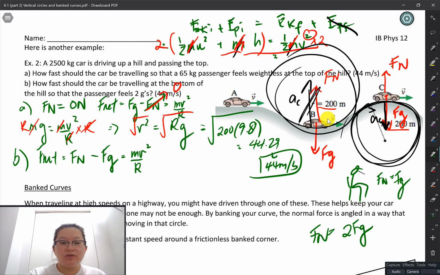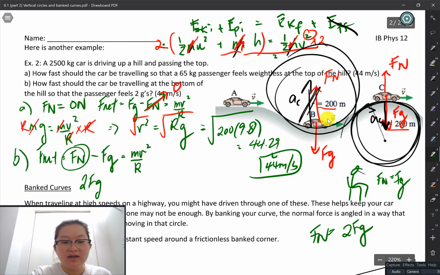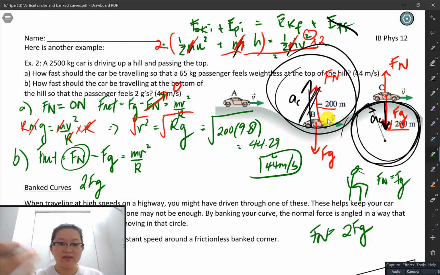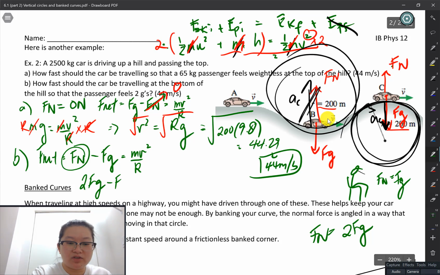Okay? So if I have to rewrite this Fn in terms of the passenger feeling 2 Gs, I'm going to say that this Fn is now 2 times Fg because this passenger is feeling double his normal weight. And I continue writing the rest of this equation, which is minus Fg equals mv squared over r.